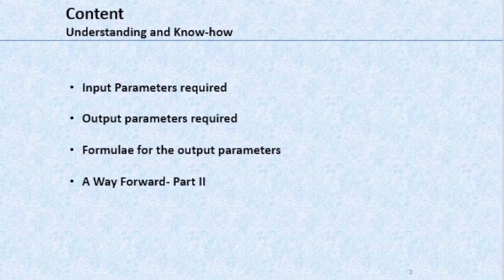Coming to the second slide, we are talking about the content. I am trying to develop your understanding and provide know-how on what the input parameters and output parameters are while recording overall engine and emission performance. Various engine parameters, as well as parameters directly connected to emissions, are included here. Output parameters concerned with engine performance and emission are also considered and calculated using the input parameters.